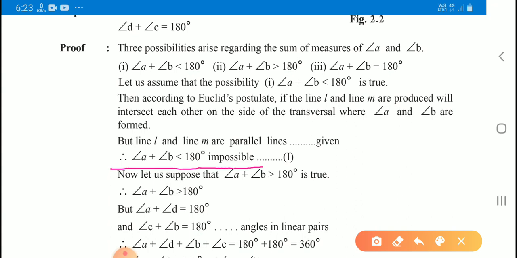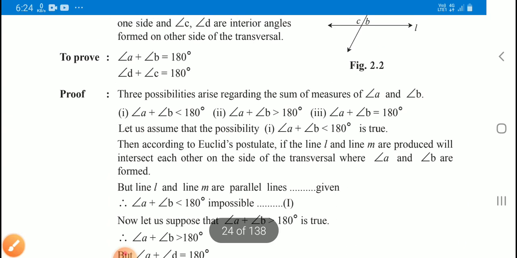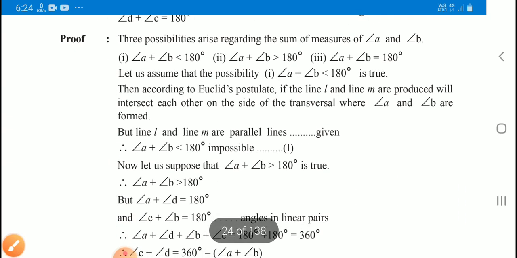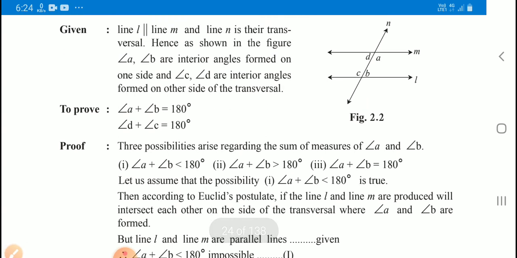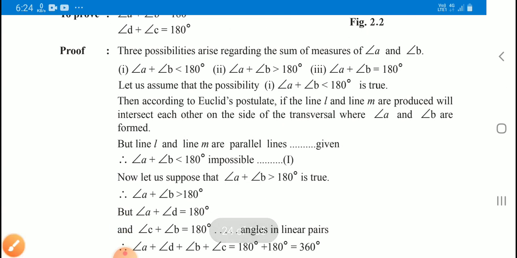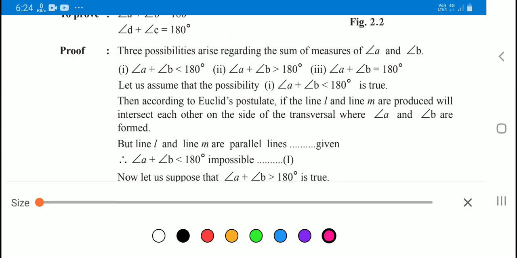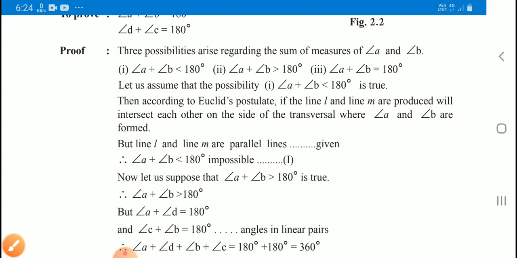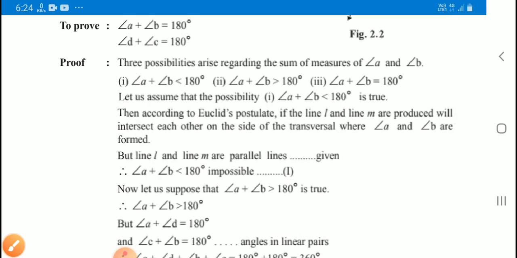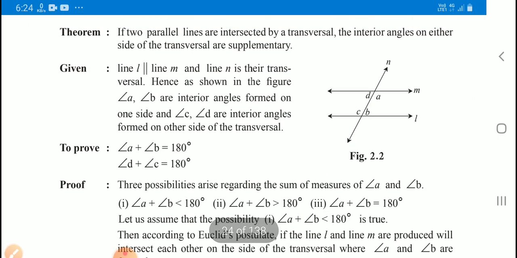Then we have to see the next possibility, that is maybe angle A plus angle B is greater than 180 degrees, that we will take as true. If angle A plus angle B is greater than 180 degrees, then you can see here in the figure, angle A plus angle D. Wait a minute, in the figure I will show you that.